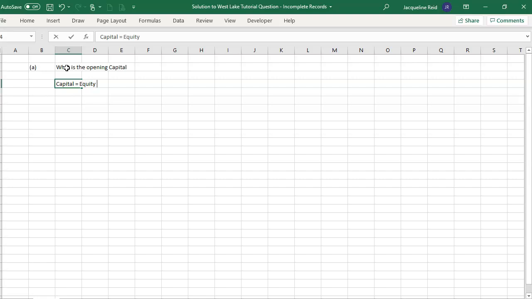and it is calculated by taking your assets, both current and non-current, and subtracting from that your liabilities, both current and non-current. So what I'm going to do now is to make a list of the assets, make a list of the liabilities, and then we can complete the computation to get at the value for capital.